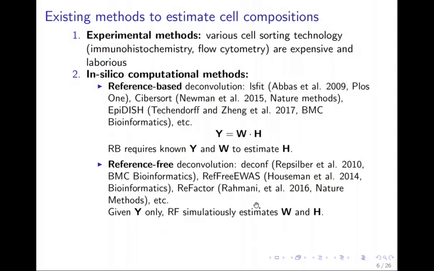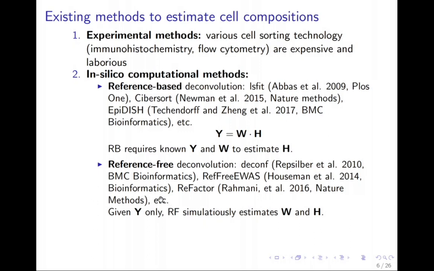So some existing methods to estimate the cell composition. The first is to use cell sorting technology, but those methods are very expensive and very laborious, thus not applicable in our study. Then we resort to in silico computational methods. This reference-based deconvolution group of methods is the most widely used, but we do not have a reference panel, so we cannot use those methods.